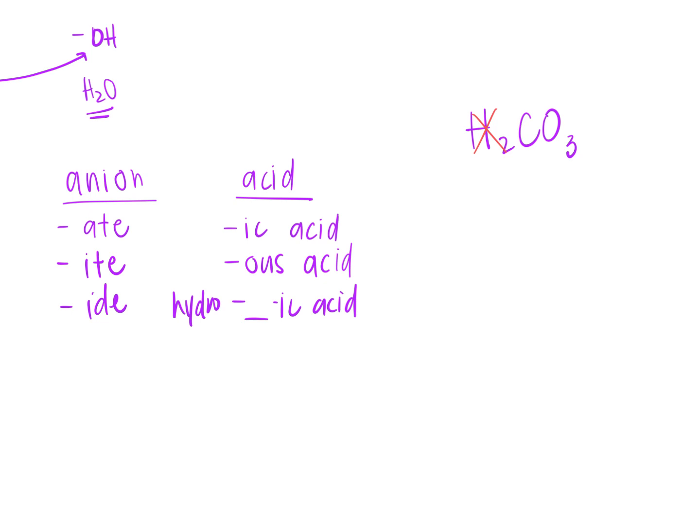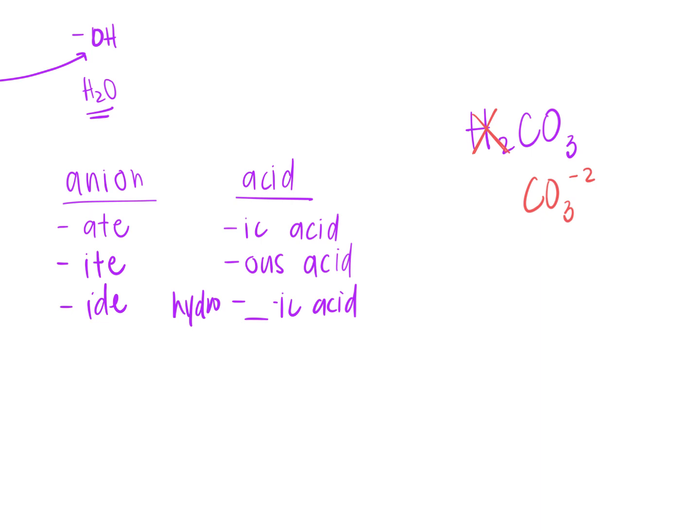Because I want to figure out what anion is paired with hydrogen to build this acid, right? We always know that an acid is going to be some negative thing paired with at least one hydrogen to make an acid. So it's going to be an anion plus hydrogen that makes an acid. And so if I take away the H's, I'm left with CO3 with a -2 charge.